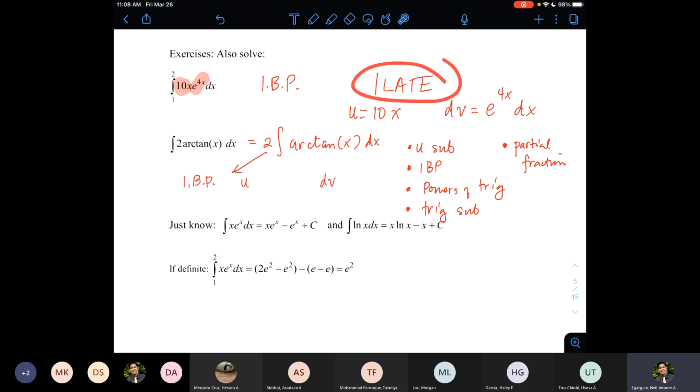But according to the ILATE principle, you have what? We have an inverse trig, which is the priority for the choice for u. So that could work. This could be our u, and then dv is whatever is remaining. So we'll have dx there because that's the only thing that will remain. And after I took this to be my u, so that would be my dv, and then you're good to go. All right.